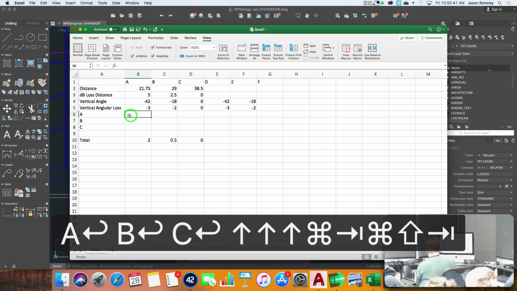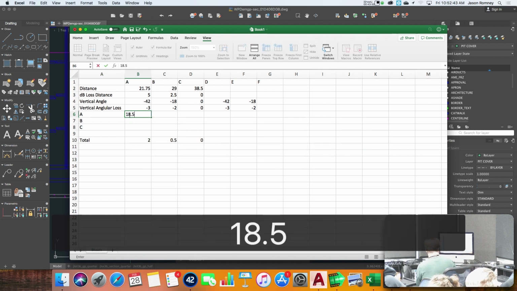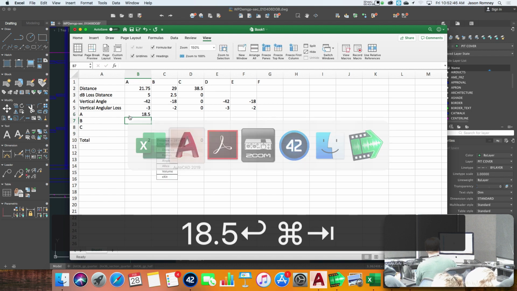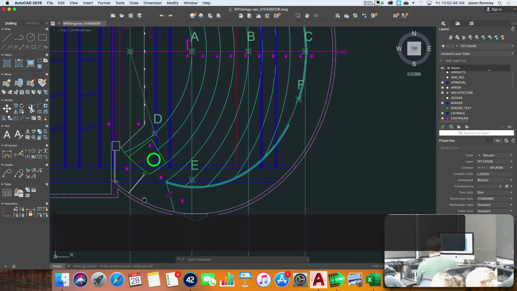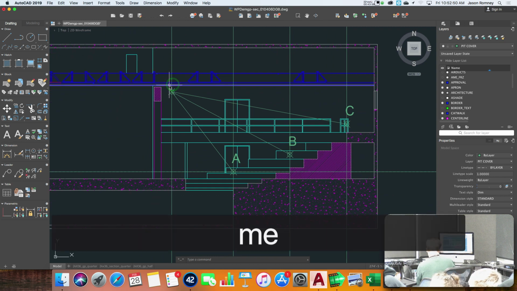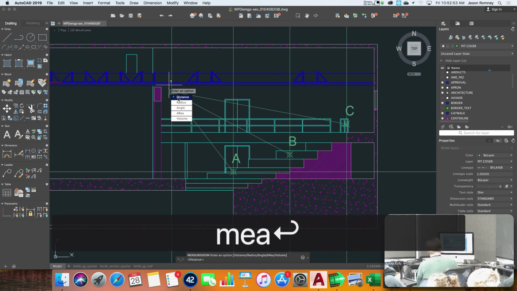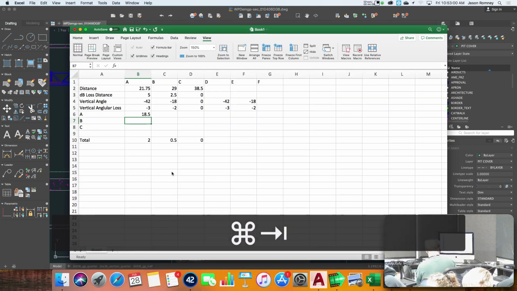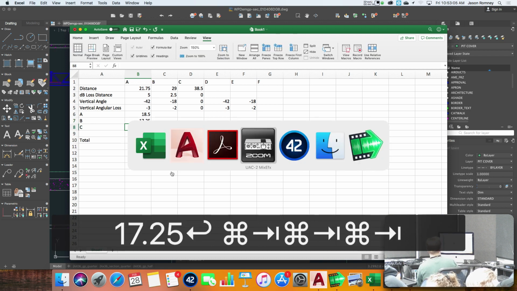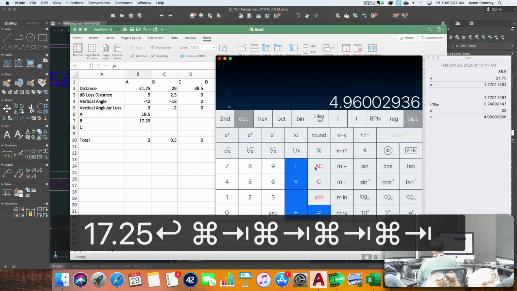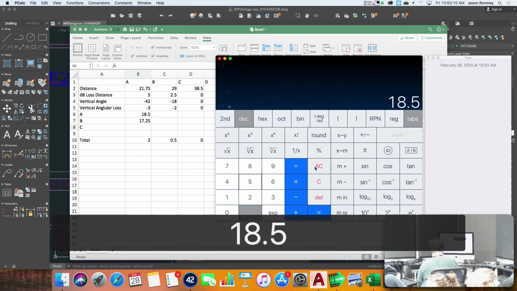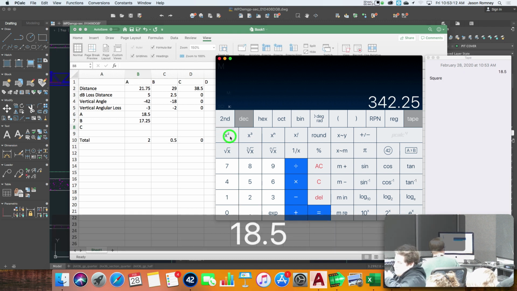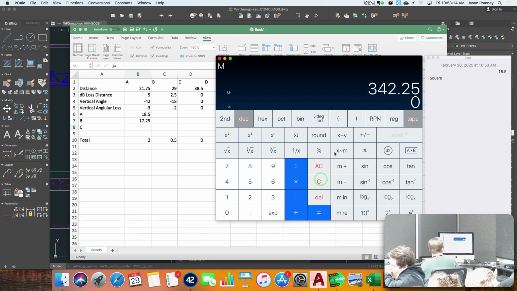B is 17 foot 3 inches, so 17.25. Okay, so let's figure this out. I do 18.5 squared and 17.25 squared and sum those together into my memory here.